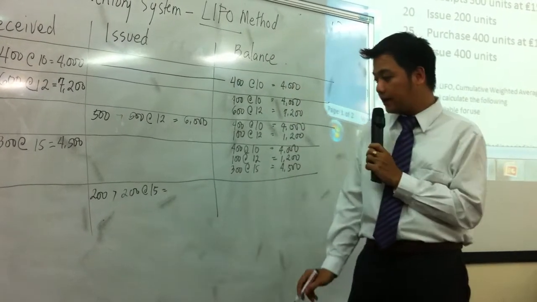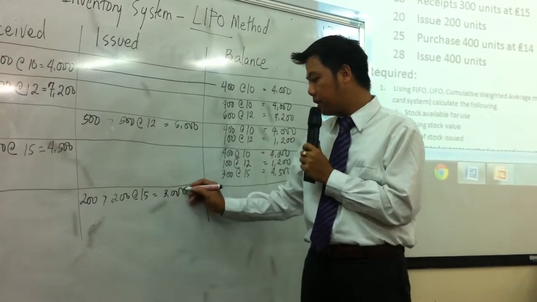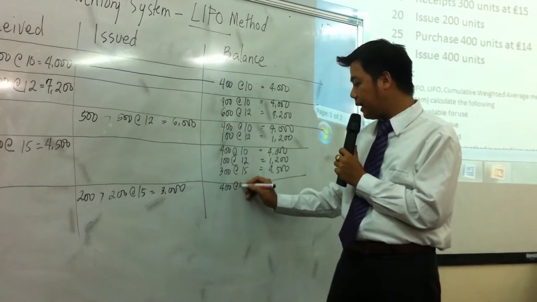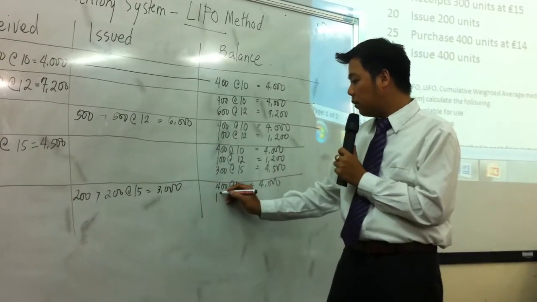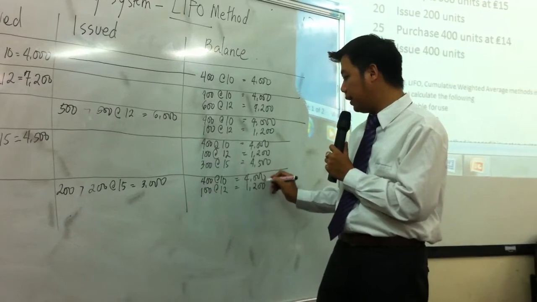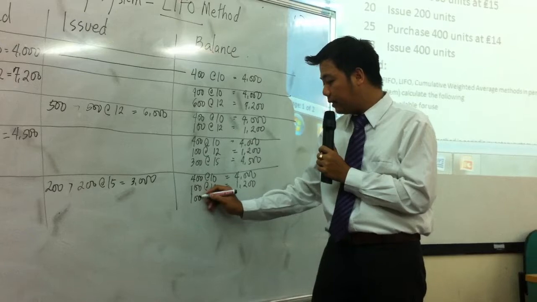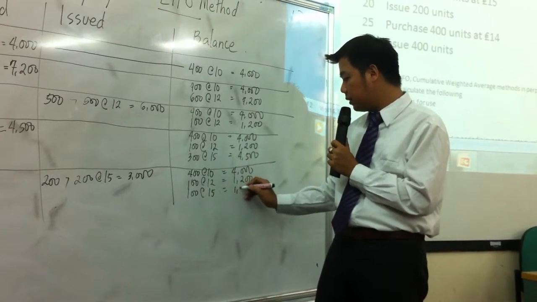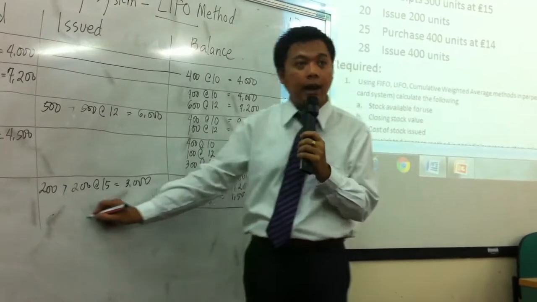And that is how much? 3,000. So how much is left? We have again 400 at 10, 4,000, 100 at 12, 1,200, and 300 minus 200, 100 at 15, and that is how much? 1,500. Is it clear, class?